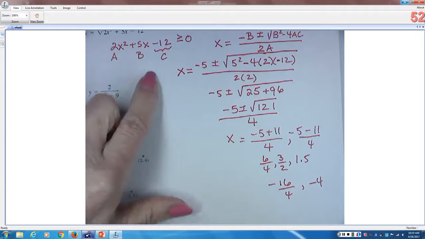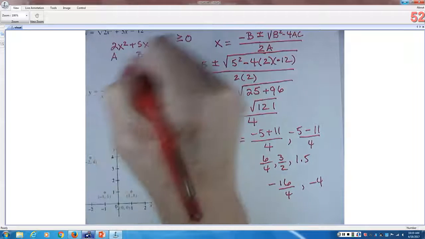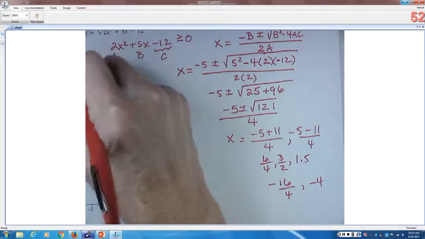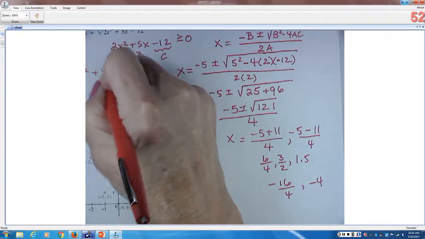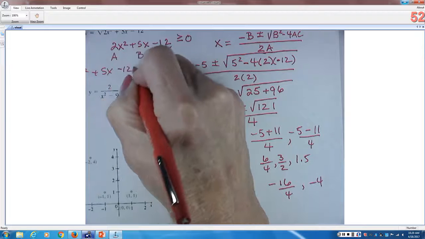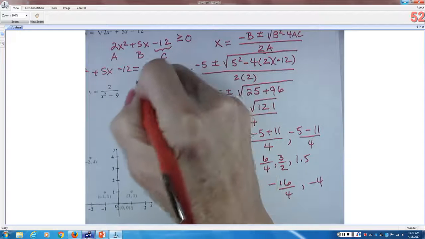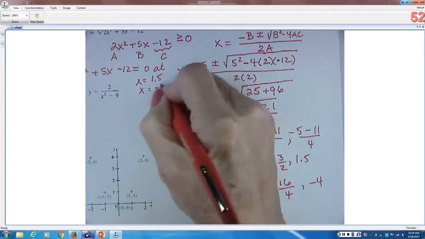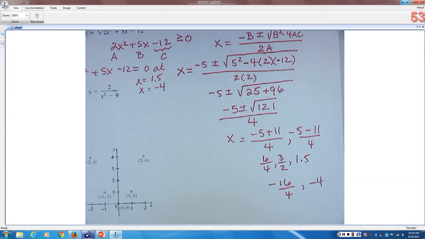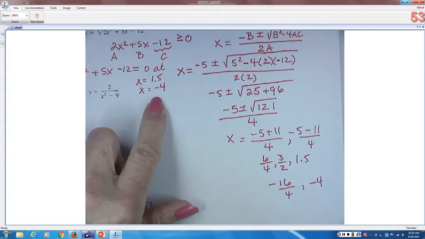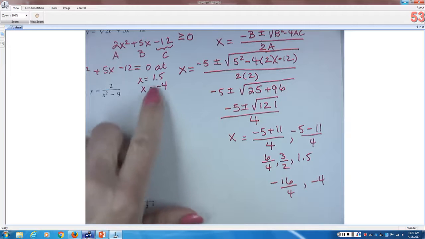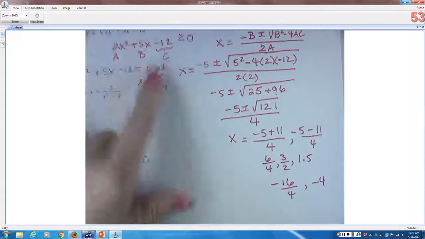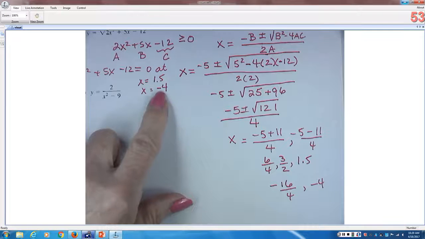So it would be equal to 0 when it's at 1.5 or negative 4. My question is, should it be the numbers between those two that I'm allowed to use, or the numbers that are less than negative 4 and greater than 1.5?